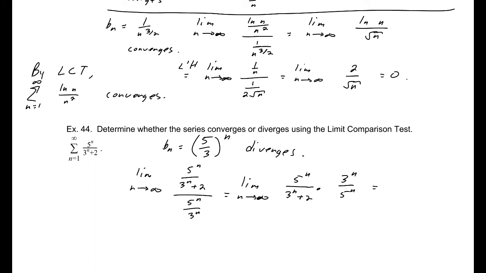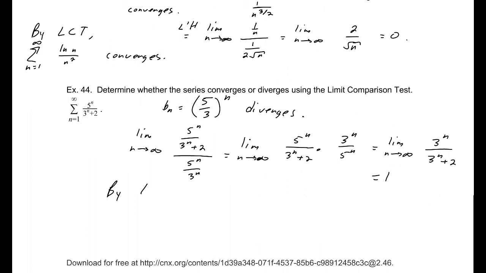And that limit, once we rewrite that algebraically, that is 3 to the n over 3 to the n plus 2. That limit is 1. Now, if the limit is not 0, but it's a constant, then they both converge or both diverge.